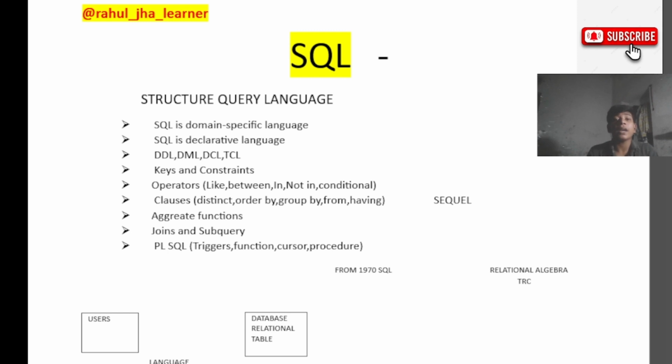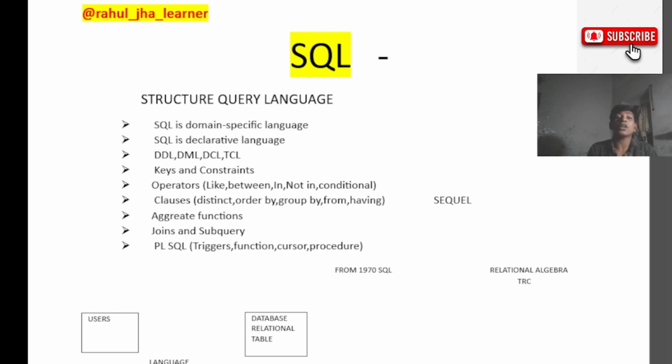In the same way, if we talk about our system, on one side there are users, and on the other side there are databases, structured data. Then how will the user interact with the databases? He will communicate by using the language.